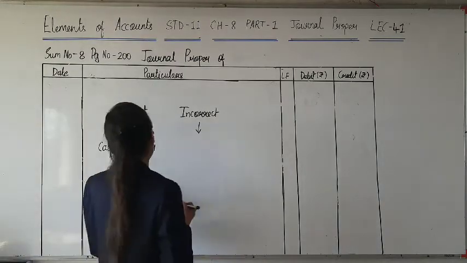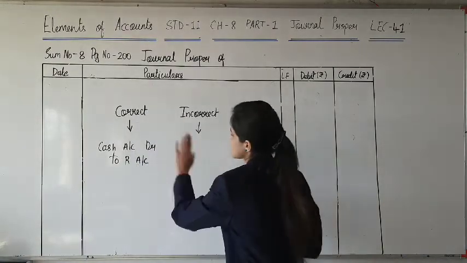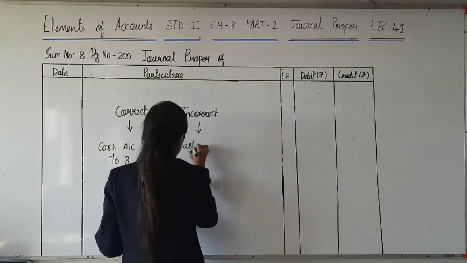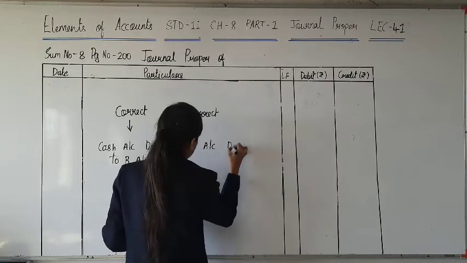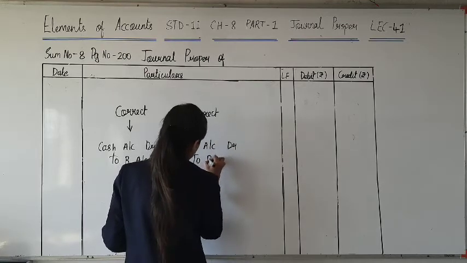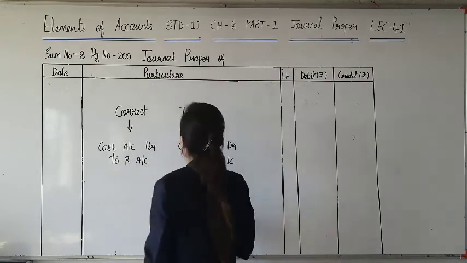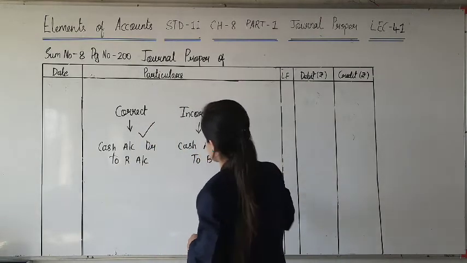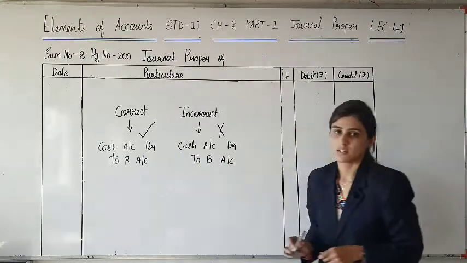This is the correct journal entry. पर गलती से रेणुका की जगह पे भूमिका. This was to be done and this is what is done. This is correct, this is incorrect.